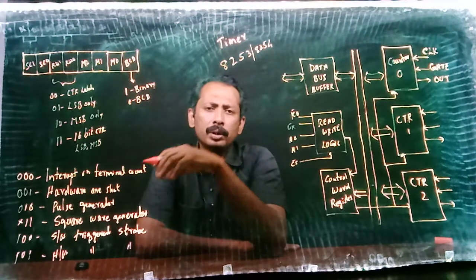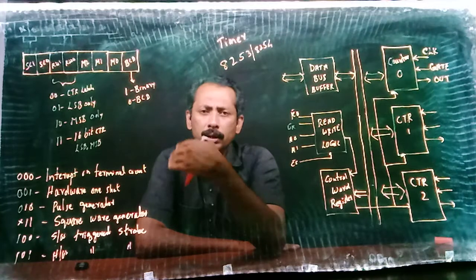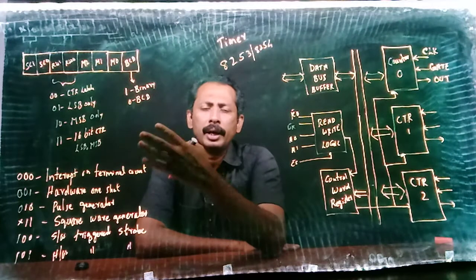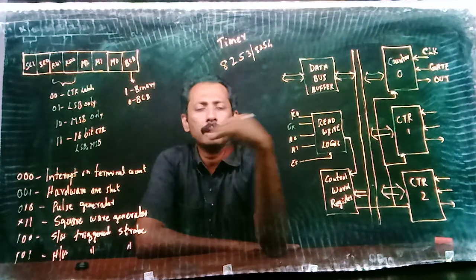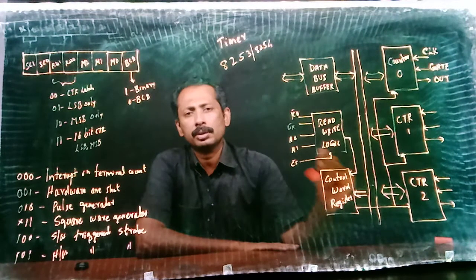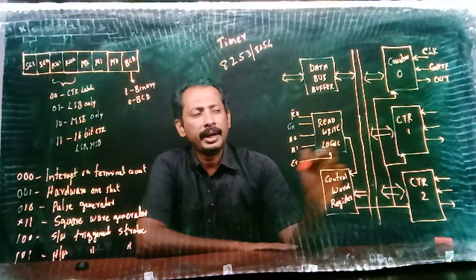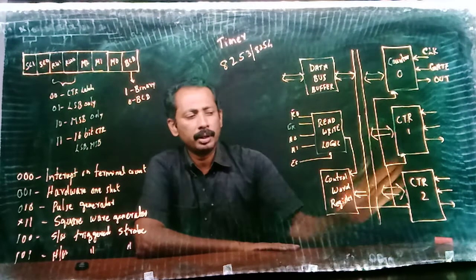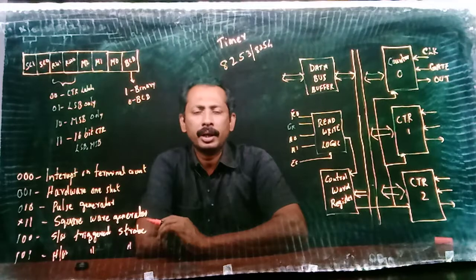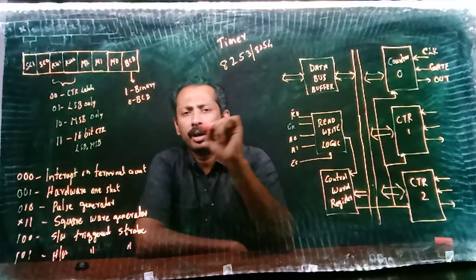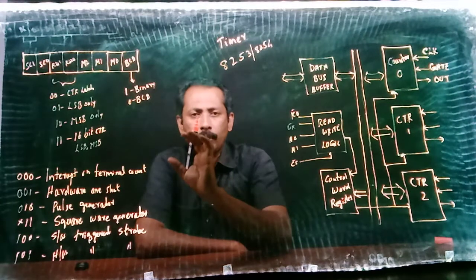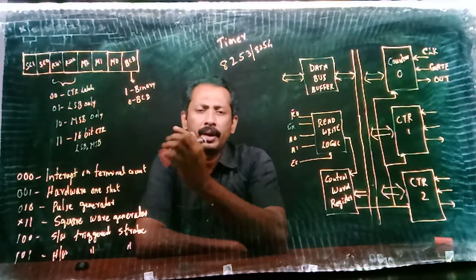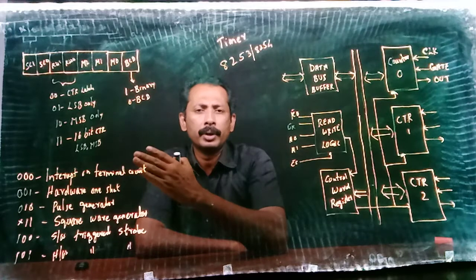We have to load this appropriate control word to the accumulator and then out to the address of the control register. So as I told, 90, 91, 92, 93 are the addresses of these blocks. So MVI A comma control word format: the control word that we have formed is loaded to the accumulator.